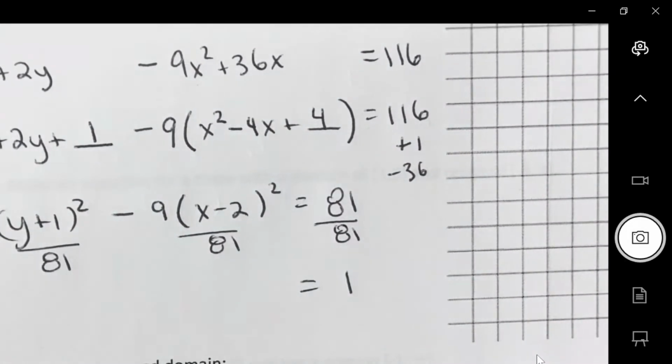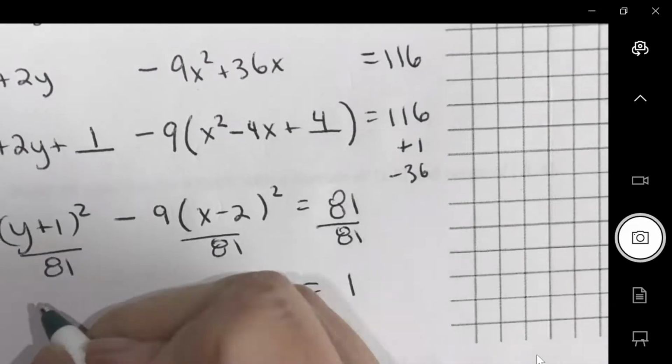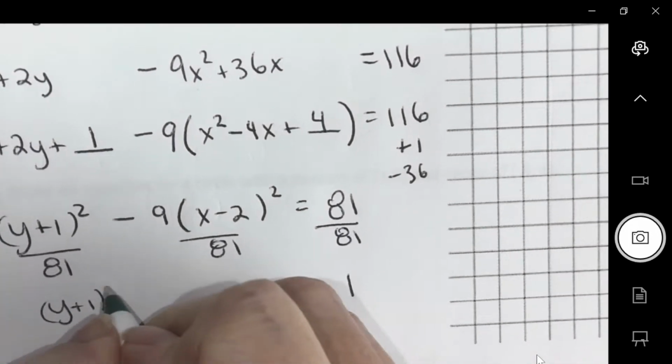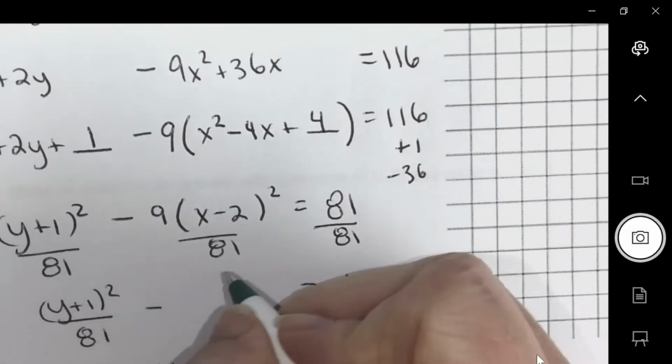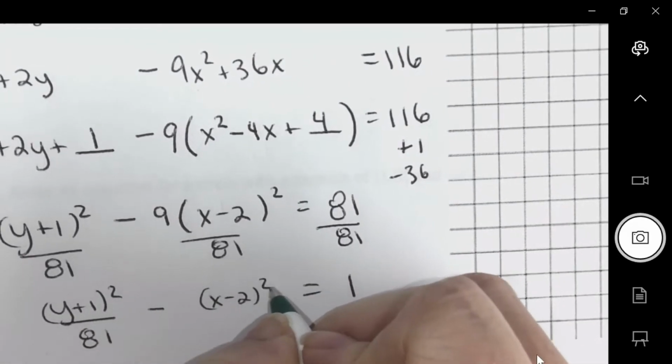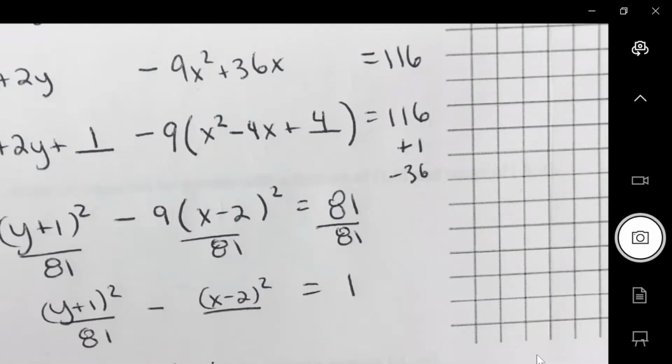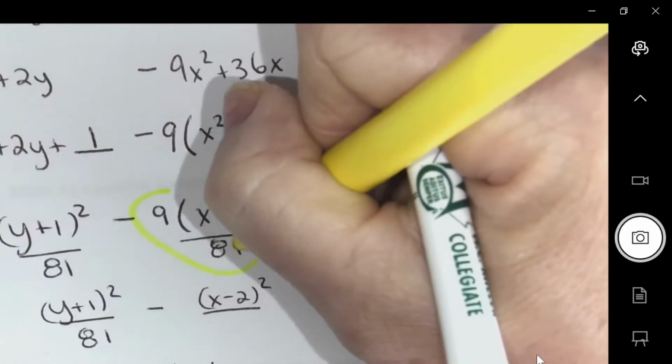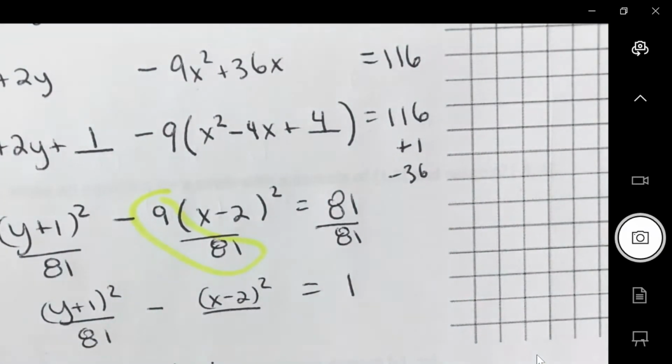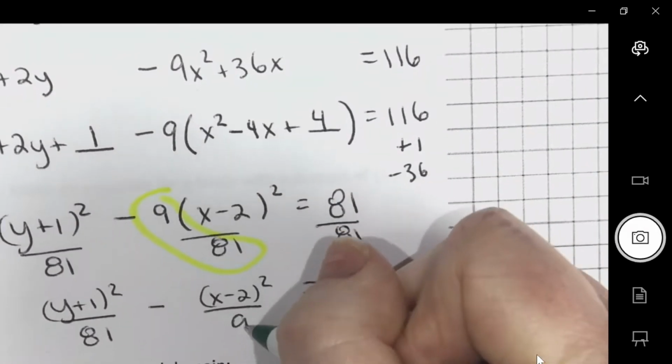The goal is to get 1. And on that, I'm going to reduce it. So this would become a 9.